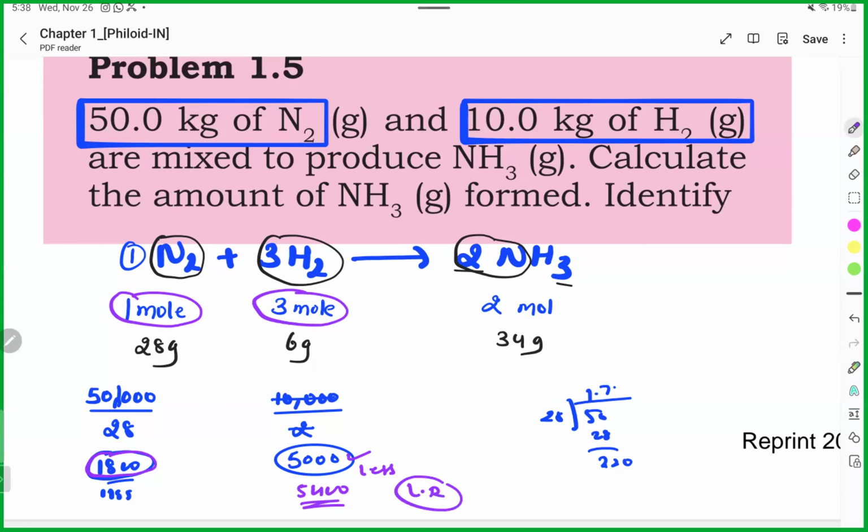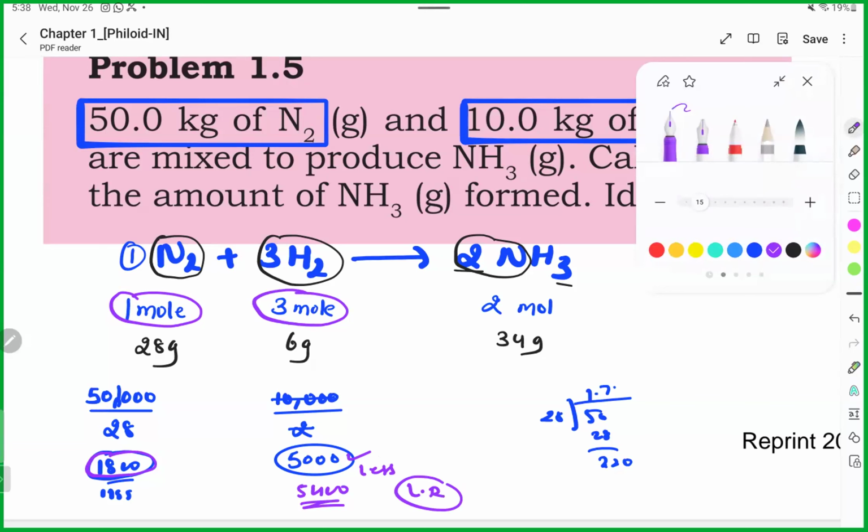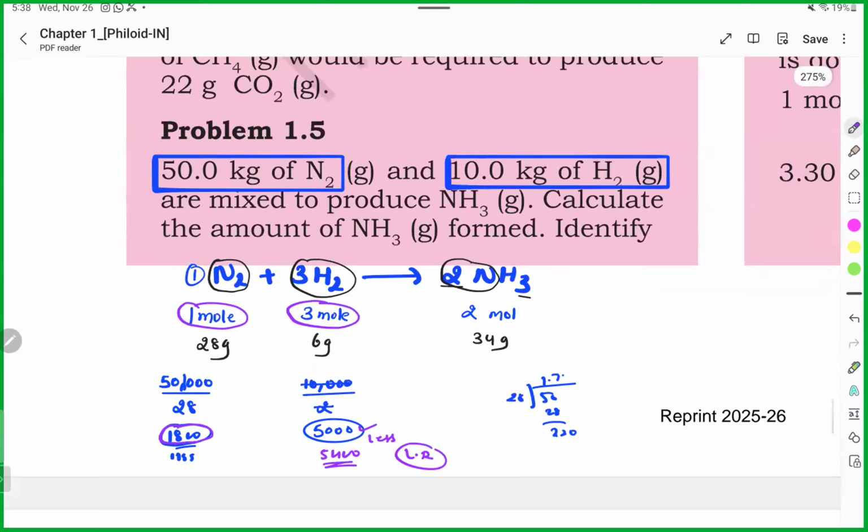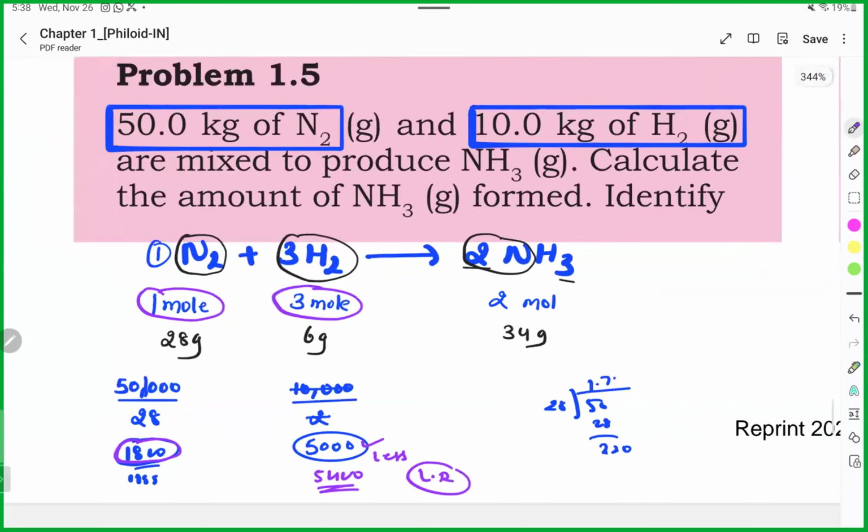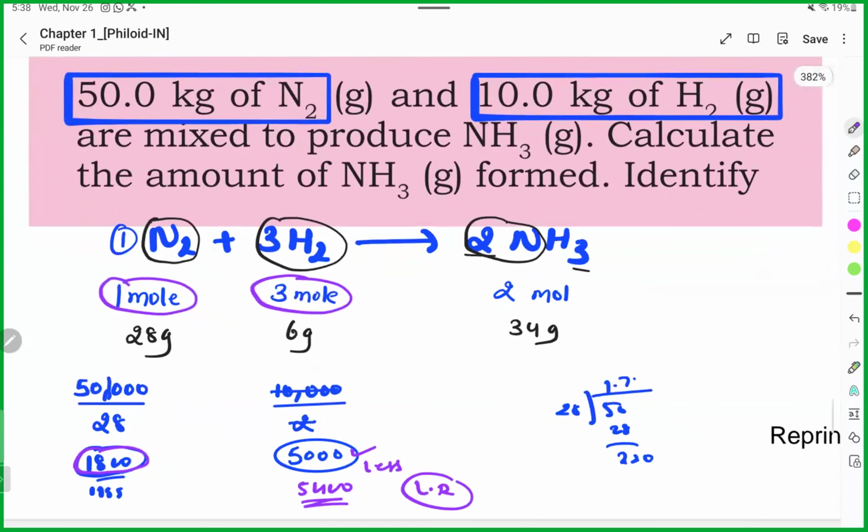Tell me, Radhika, was it really difficult? No, sir. So what to do? First calculate the moles and see what should be the moles. Radhika, the next part I am facing difficulty, calculating the amount of ammonia. Only the limiting reagent will decide the ammonia, not the excess.